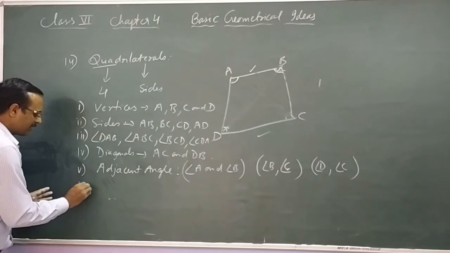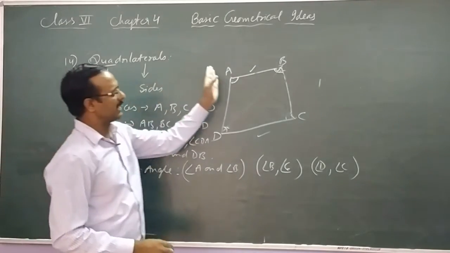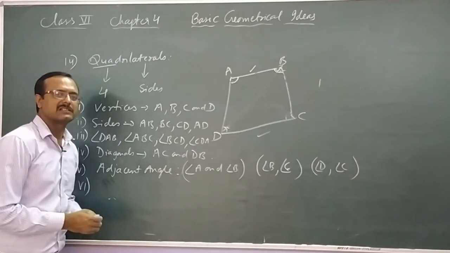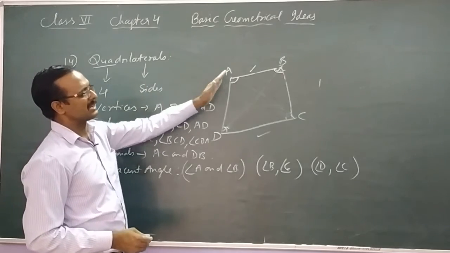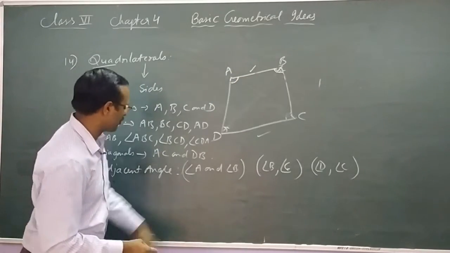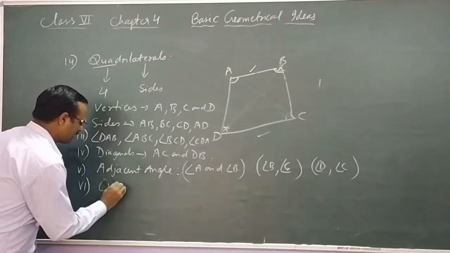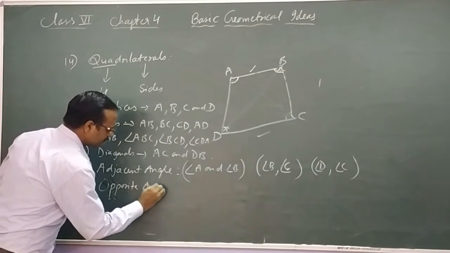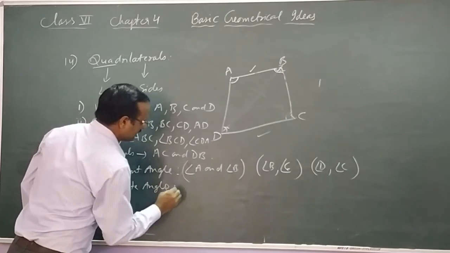Now what about angle A and angle C? They are non-adjacent angles, and the non-adjacent angles in a quadrilateral are also called opposite angles because they lie just opposite to each other.